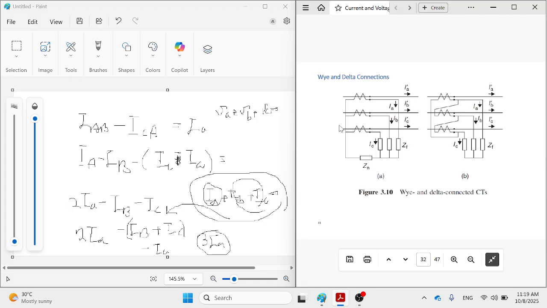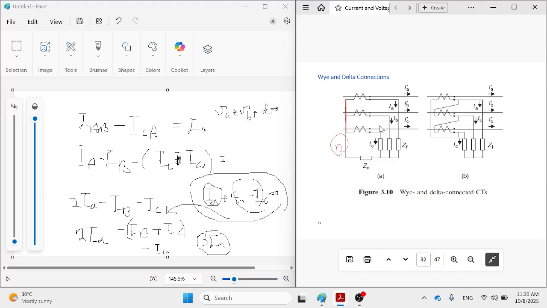Then the real connection of the Y delta is happening this way. I have three lines, one, two, three, A, B, C. Okay. Then I have one CT on phase A, one CT on phase B, one CT on phase C. Then the secondary of all CTs are connected to each other, which is the neutral point. This is the neutral point.